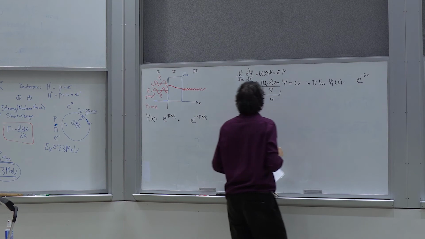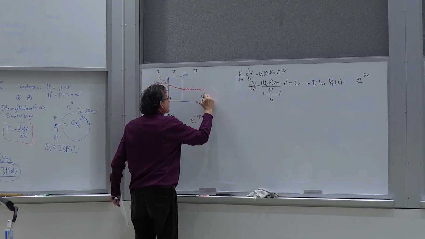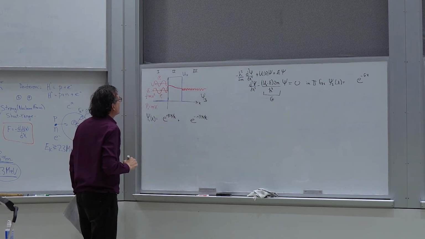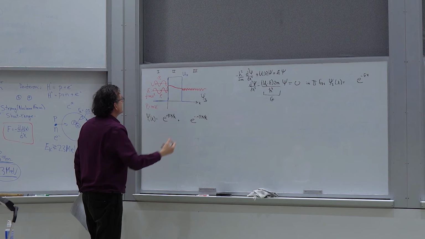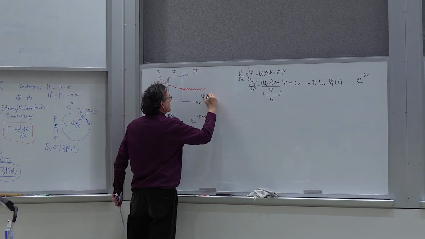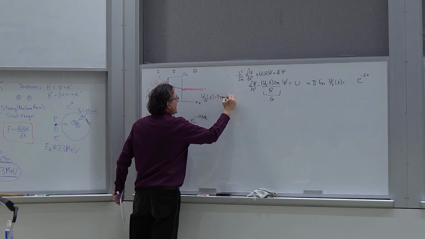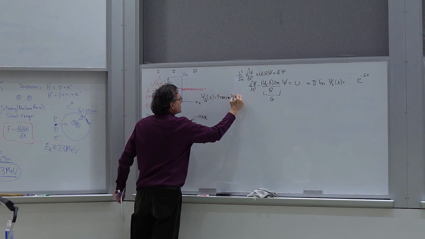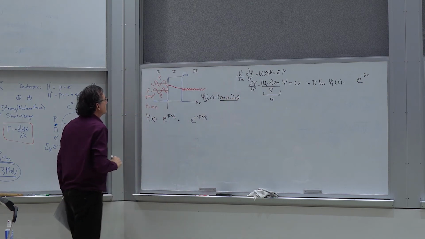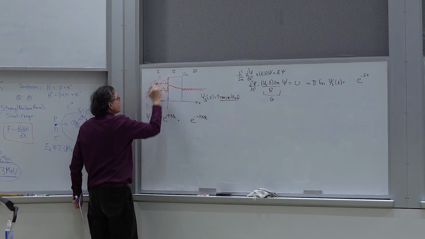right? And out here in region 3, I'm going to have a solution, which is the transmitted wave. So we have 3 waves that are present in this phenomenon. This is the transmitted wave. So psi 3 of x is the transmitted wave. It represents the particles that actually make it through the barrier. Some of the particles get reflected at the barrier and come back the other direction.